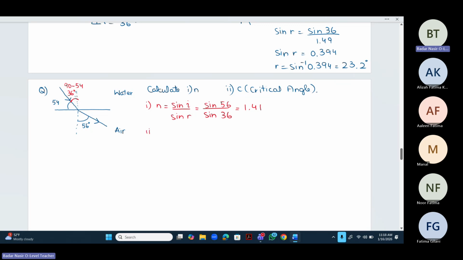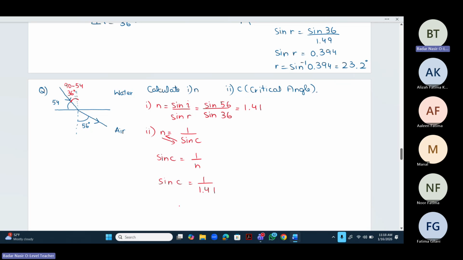The other part, we need to calculate the critical angle. So we use the formula n equals 1 over sine c. Let's swap the positions of sine c and n. So sine c equals 1 over n, and the value of n we just calculated is 1.41.